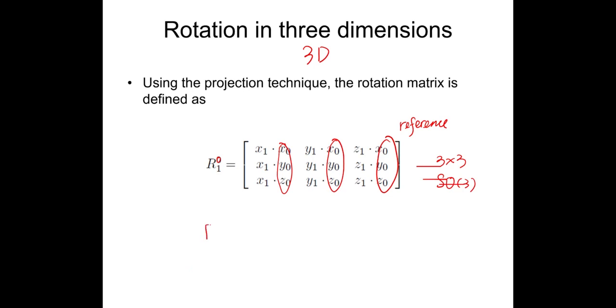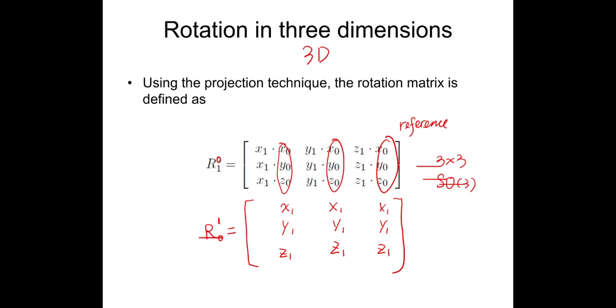Again, now let me write R01. So now if 1 is the reference, how are we going to write it? 1 is the reference, so it is projected to frame 1. So I will have x1, y1, and z1, and this is x1, y1, and z1, and this is x1, y1, and z1.